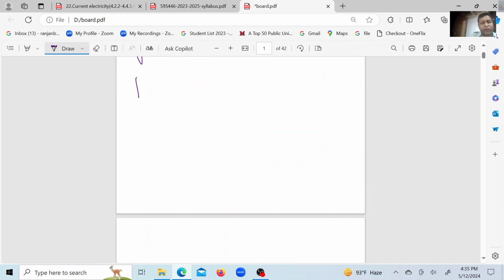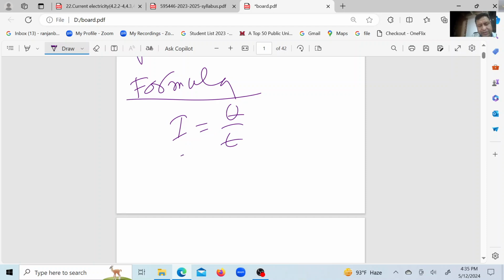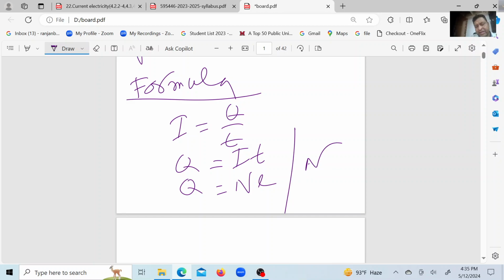Now come to the formulas. First one is I equals Q by T, or Q equals IT. This is one formula, right? Another formula is Q equals NE, where N is the number of electrons.